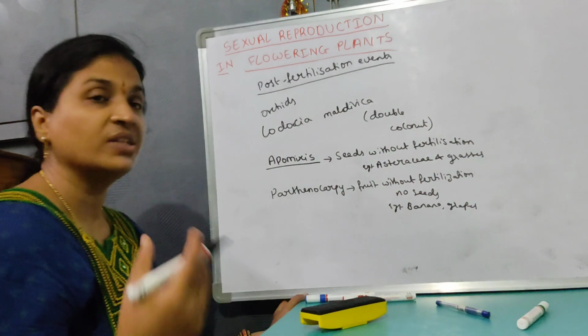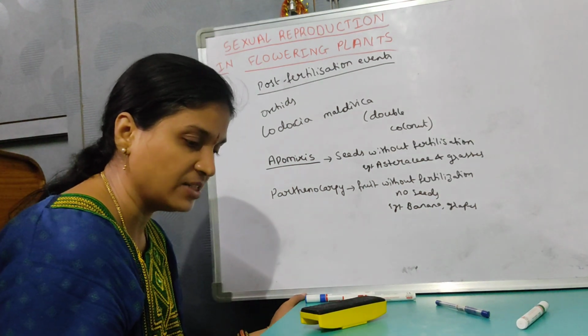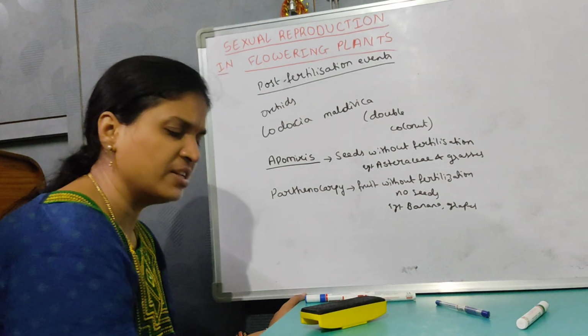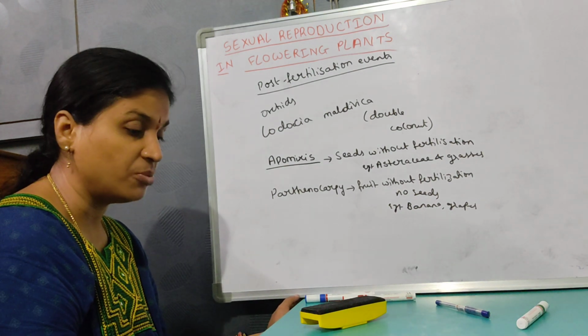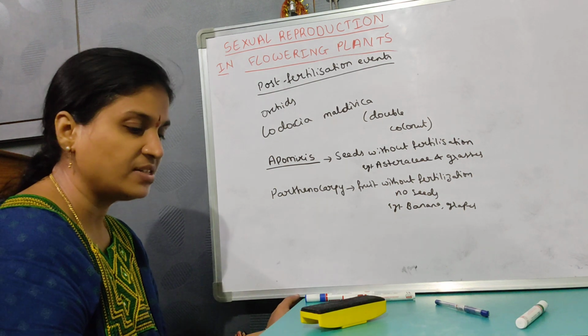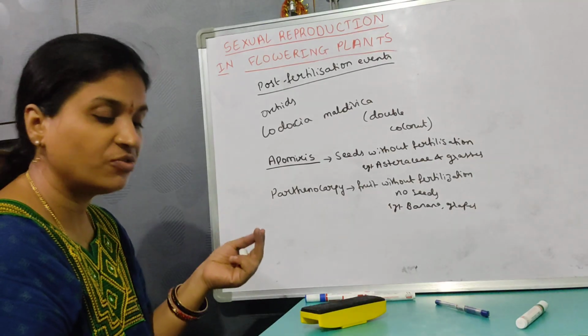The fruits are formed without fertilization and have no seeds. Banana and grapes are examples of parthenocarpic fruits. It can be natural or induced. These play a very important role in the commercial production of seedless fruits. So coming back to apomixis, how are the seeds formed without fertilization?